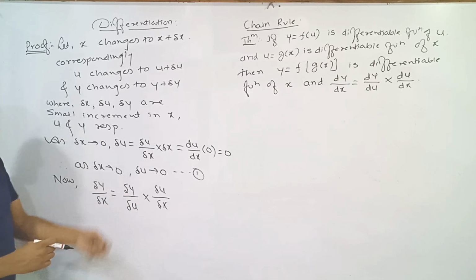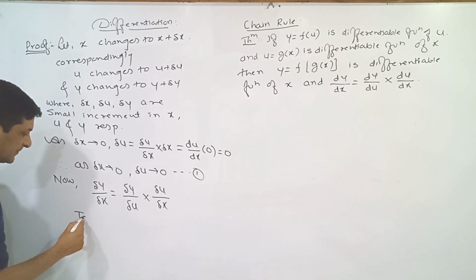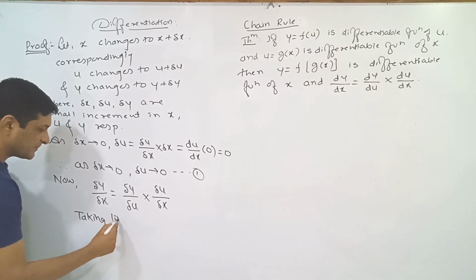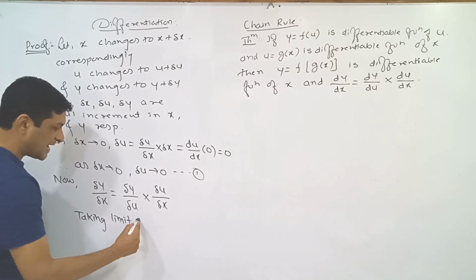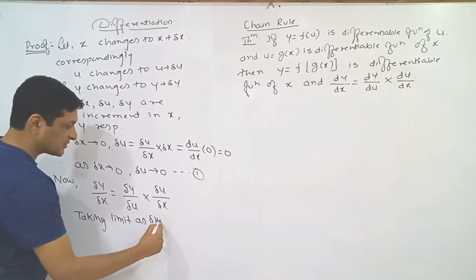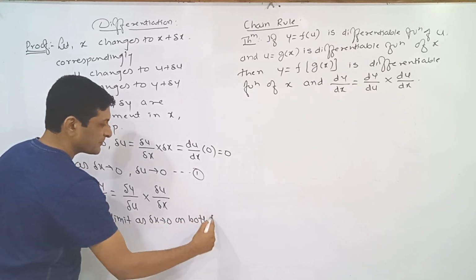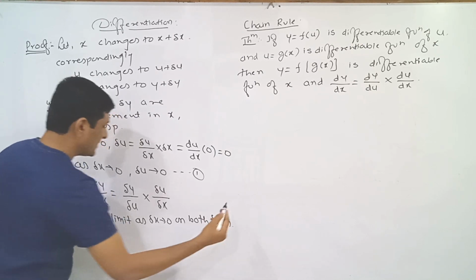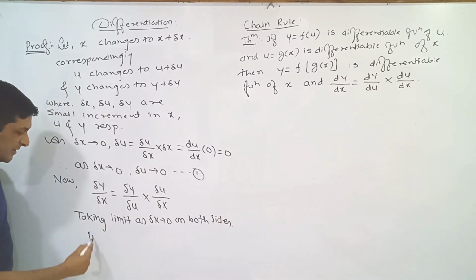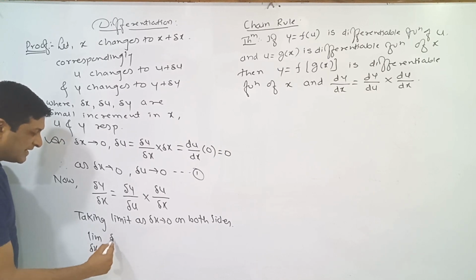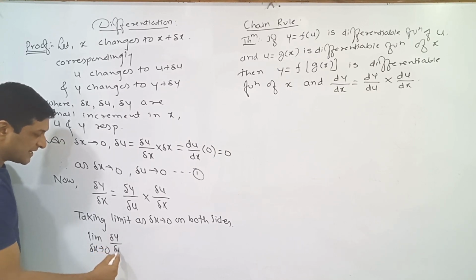Now we are taking limits on both sides. So taking limit as Δx tends to 0 on both sides. Taking the limit on this side, limit Δx tends to 0, Δy/Δx.